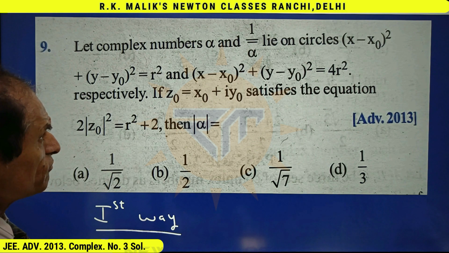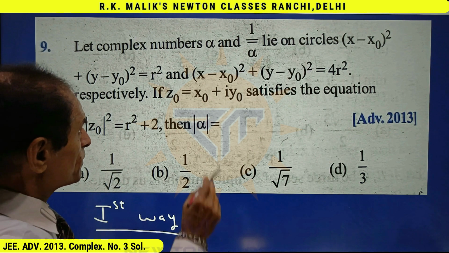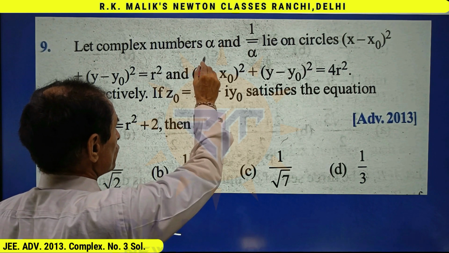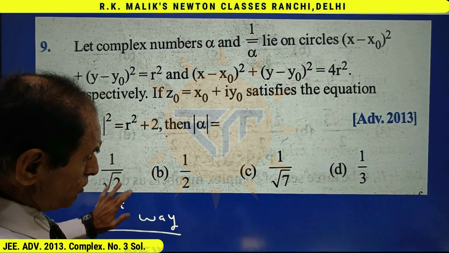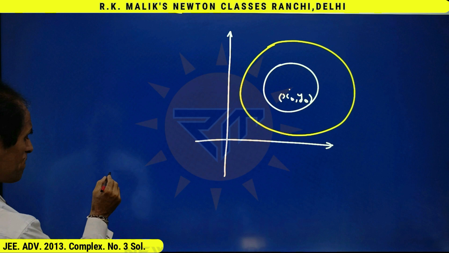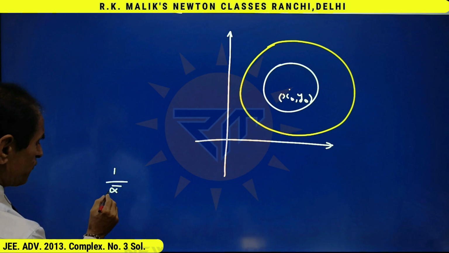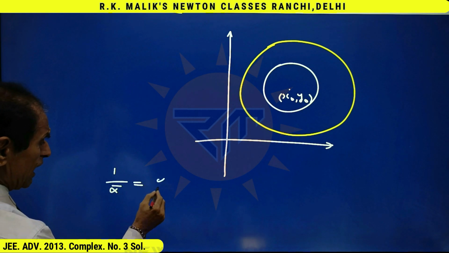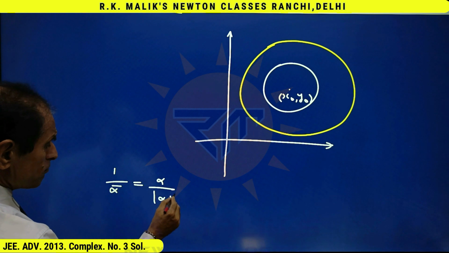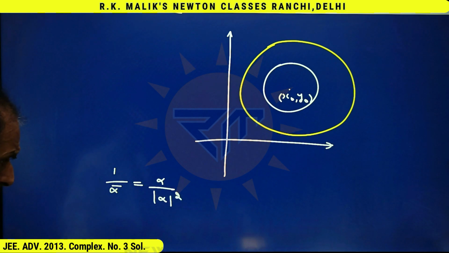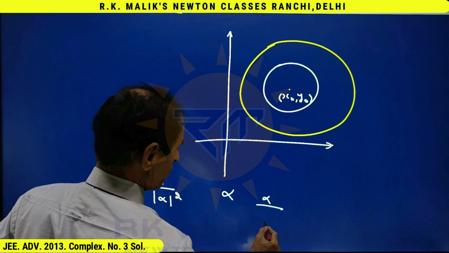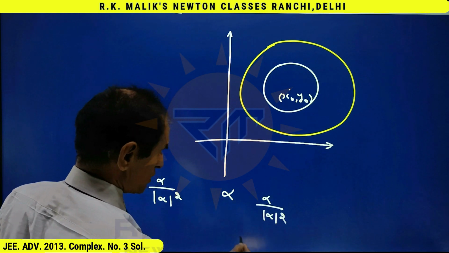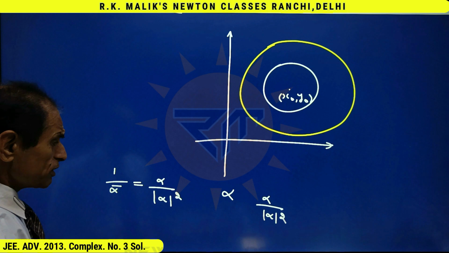The first point which should be noted is that the arguments of alpha and 1 upon alpha bar are always equal, because 1 upon alpha bar will be equal to alpha upon mod alpha square, and obviously alpha and alpha upon mod alpha square have the same argument.